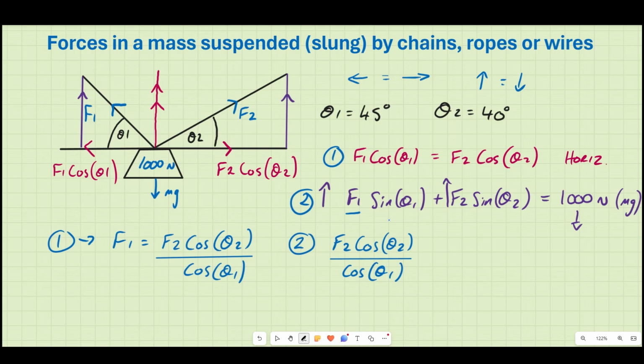So that's the f1 part done, multiplied by the sine of theta 1, plus whatever's here, f2 sine theta 2, that is equal to the weight of our mass. In this case, it's 1,000 newtons.